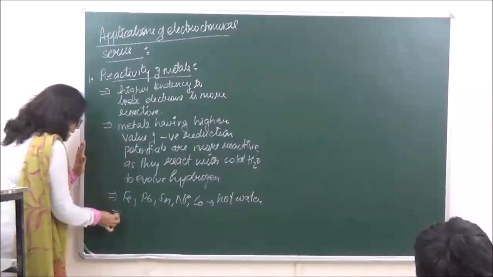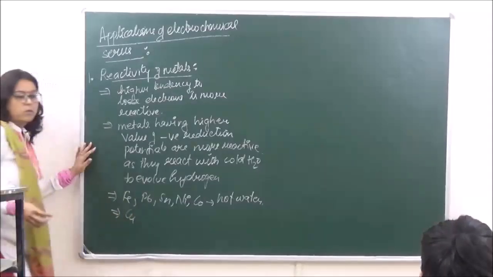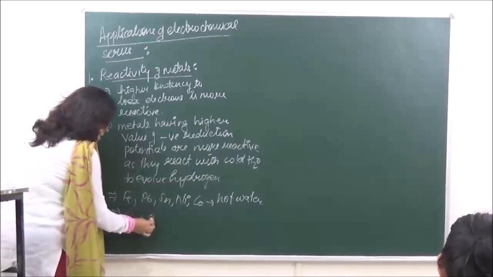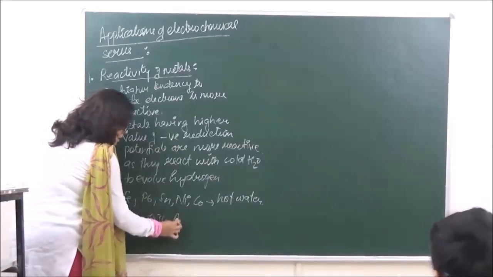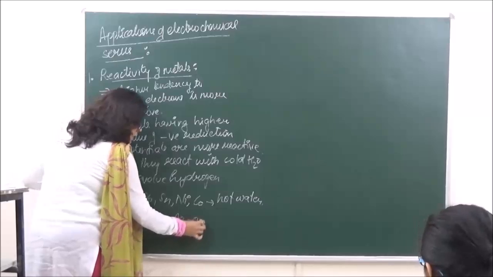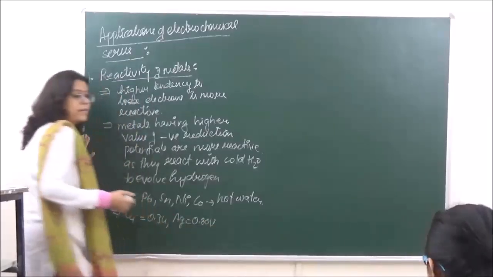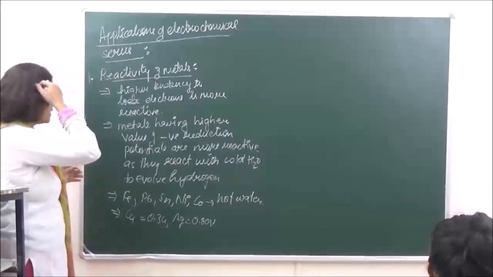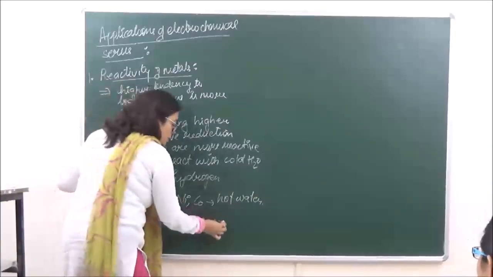Then there are still metals like copper, which has a positive value of reduction potential. It is 0.34. Similarly, Ag, which has a reduction potential of 0.80 volt. Such metals are going to be less reactive than hydrogen.